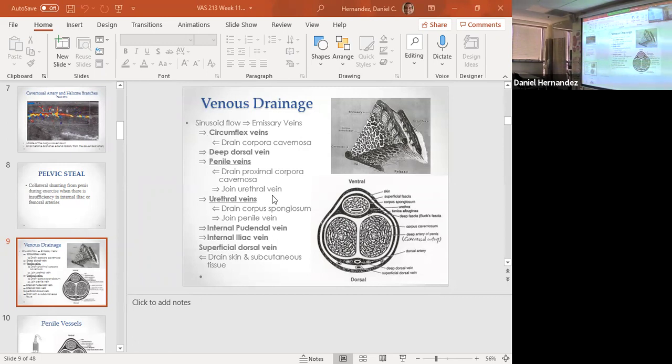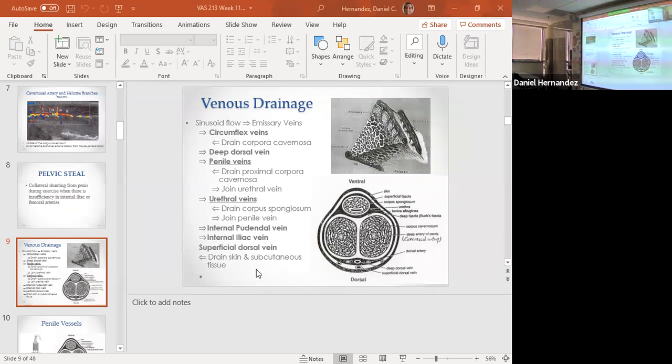The penile veins drain the proximal portion of the corpora cavernosa and join the urethral veins. The urethral veins drain the corpus spongiosum and join the penile vein. These all connect and then eventually join back into the pudendal vein, and that pudendal vein eventually drains into the internal iliac vein.